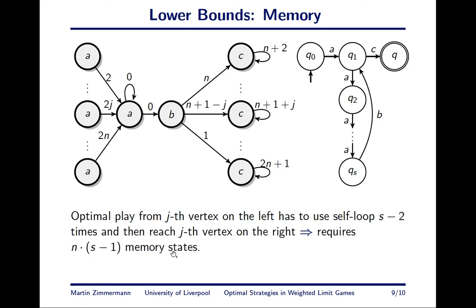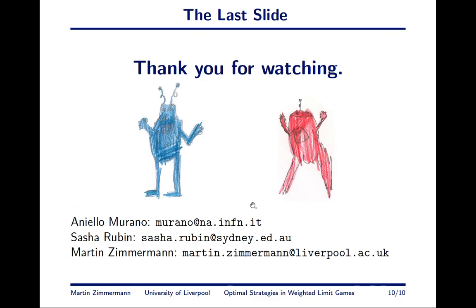And this is tight up to a factor of f, the number of accepting states, if you remember the previous slide. Okay, so it's almost tight. So much for the second lower bound. One of them is tight, the other is almost tight. And this concludes my presentation.